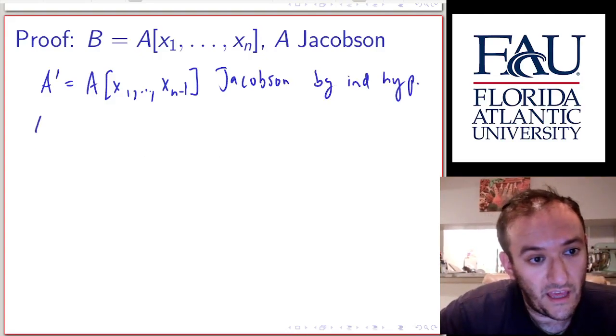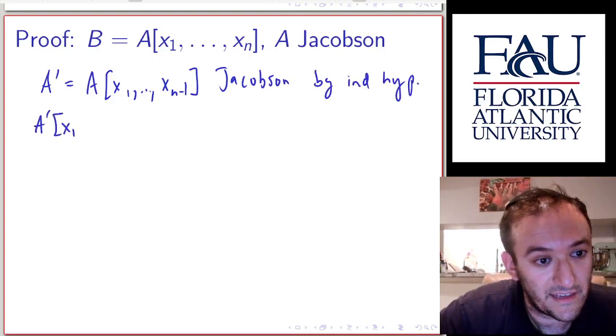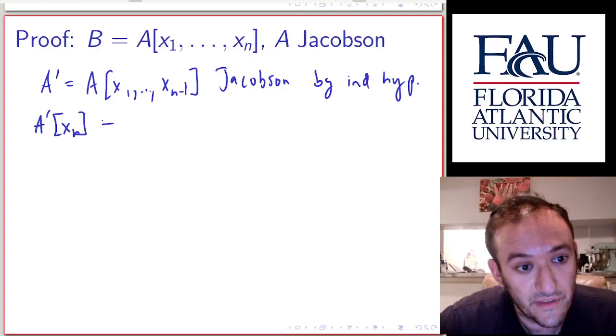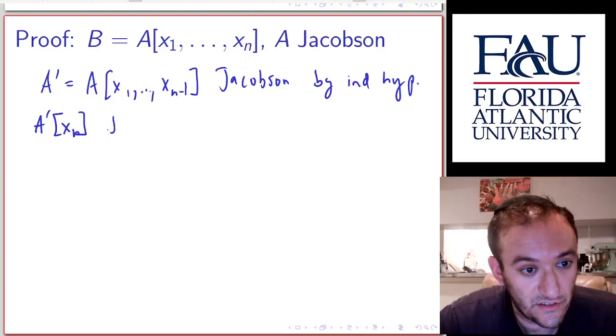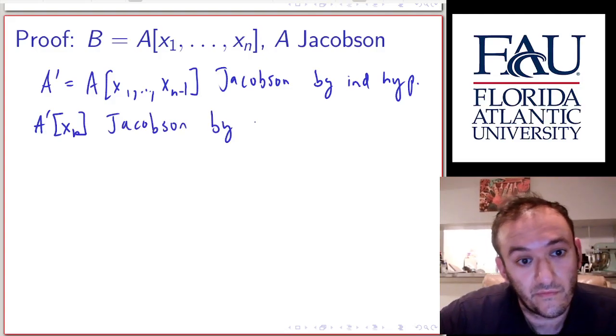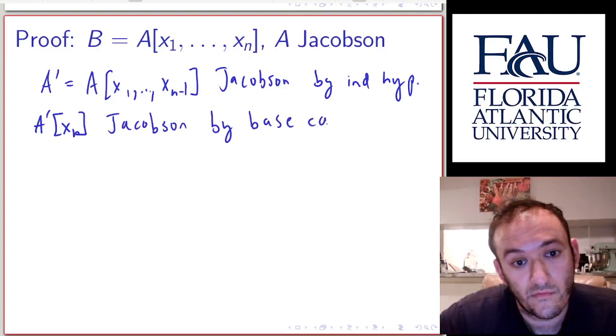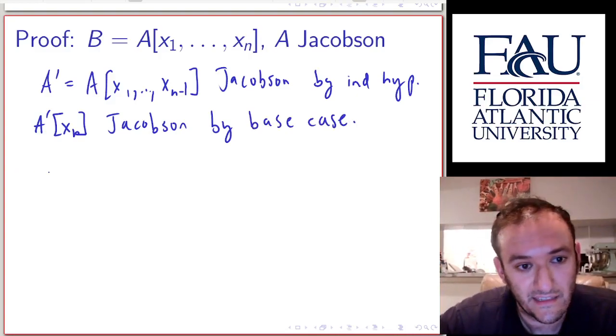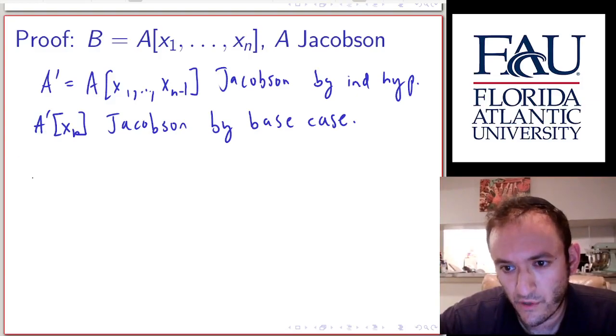Then A prime adjoin xn, this is just an extension of a Jacobson ring by a single variable, so this implies that this is also Jacobson by the n equals 1 case. So that confirms that it's Jacobson. To get the result regarding maximal ideals.